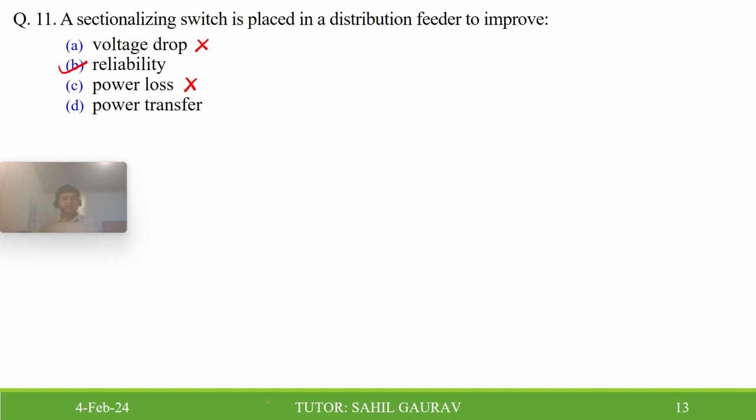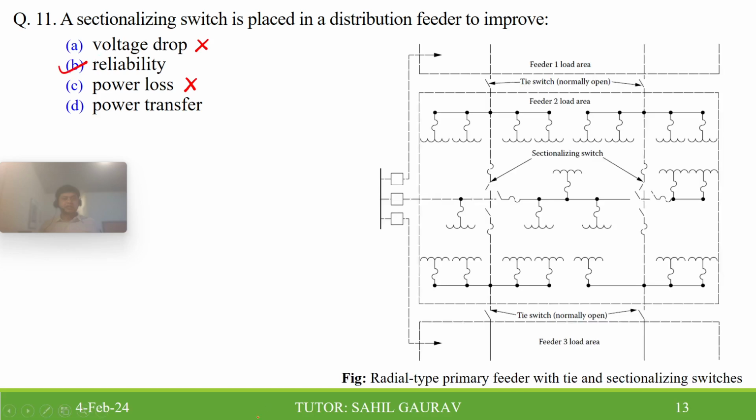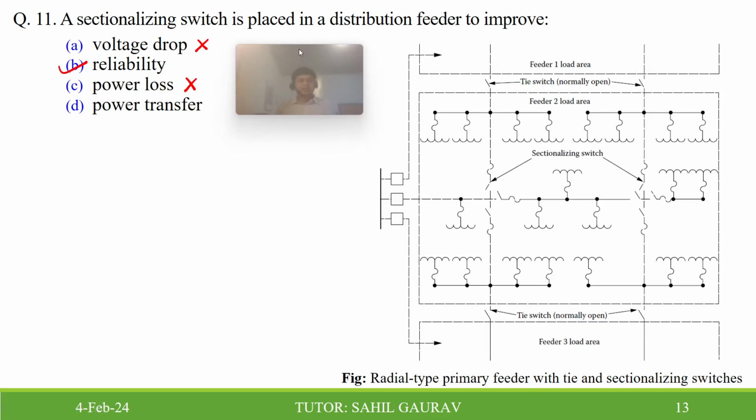Now we will see the diagram. I think from this diagram you can understand. Here we see three feeders. This is the network of a primary distribution system. We have three feeders, assume them as F1, F2 and F3, and all the feeders are radial in nature and have different load areas.